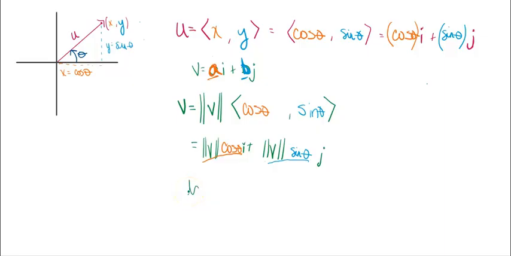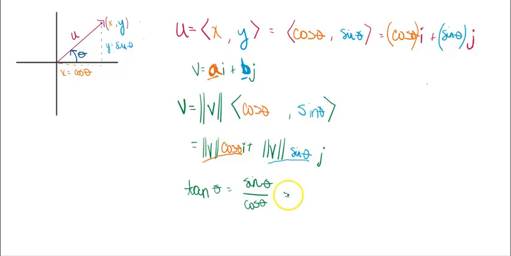Now we know that tan theta is the same thing, by the quotient property, as sine theta divided by cosine theta. So if I were to find the direction angle theta, I would use tan theta.